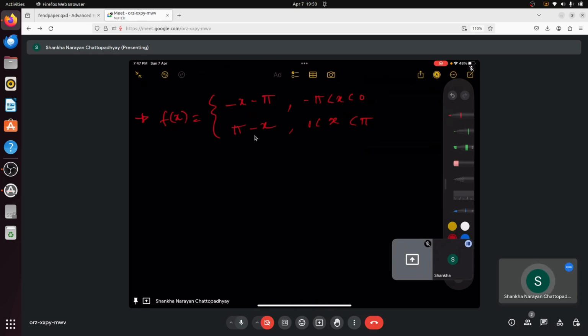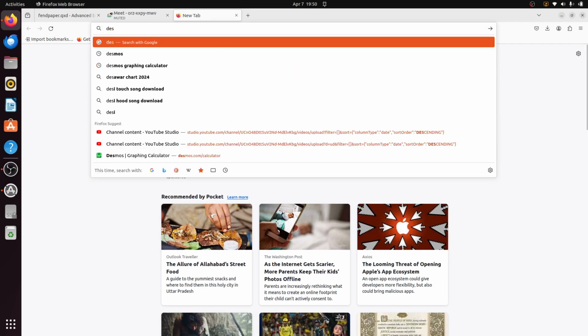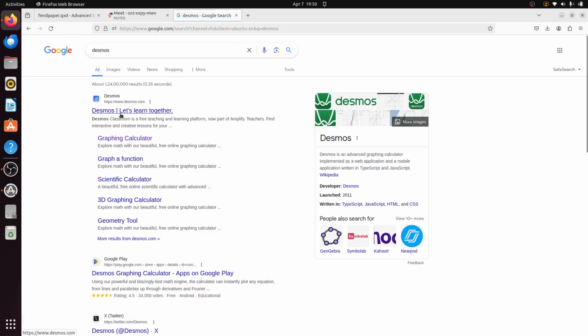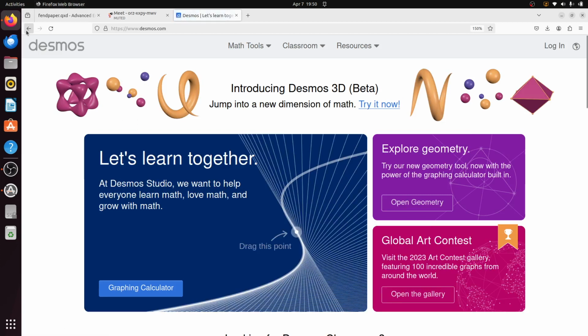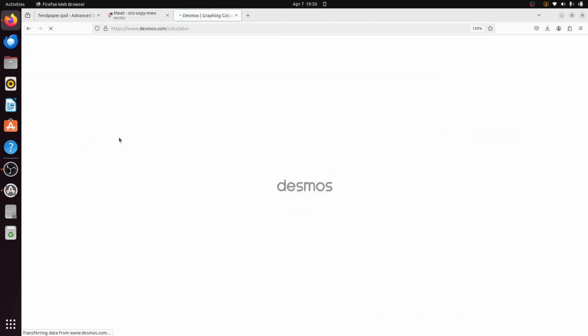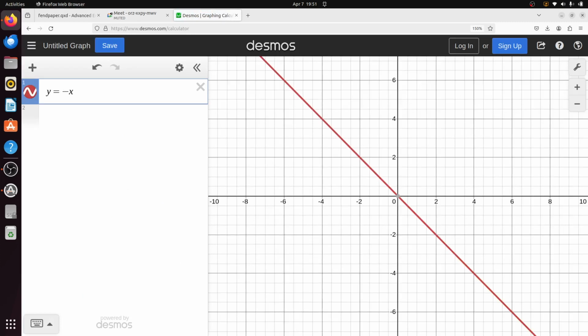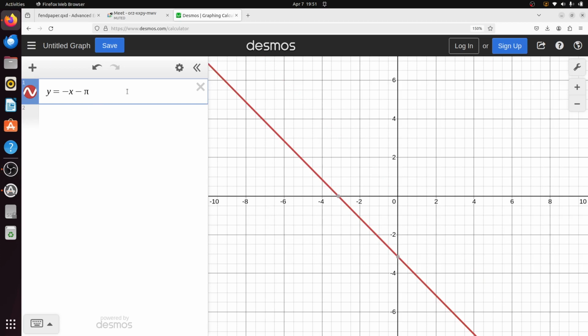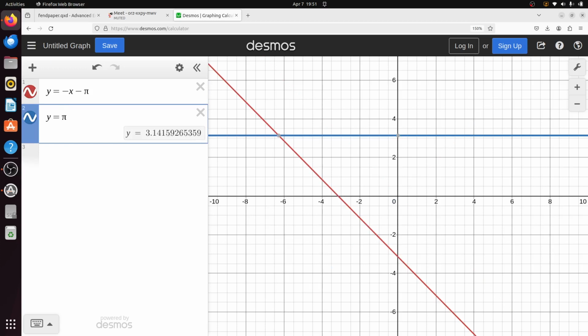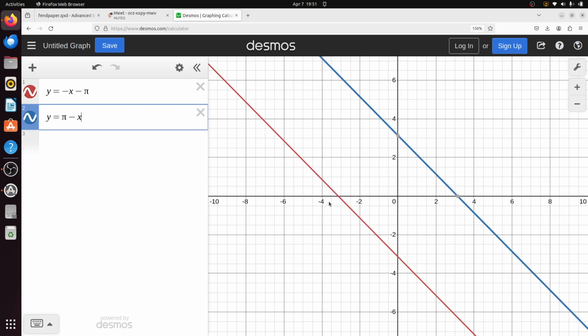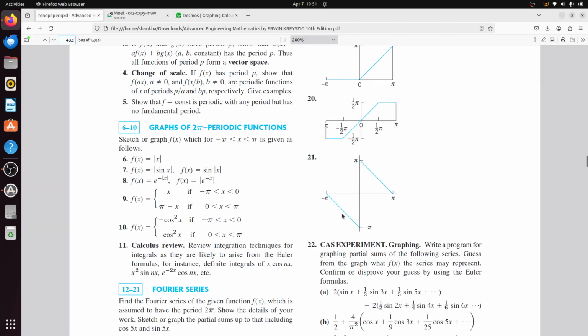Minus x minus pi. Okay, so this is our function. You need to solve this problem.